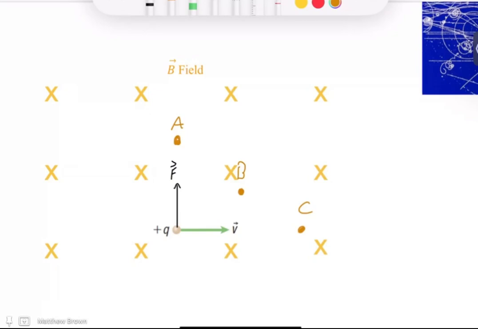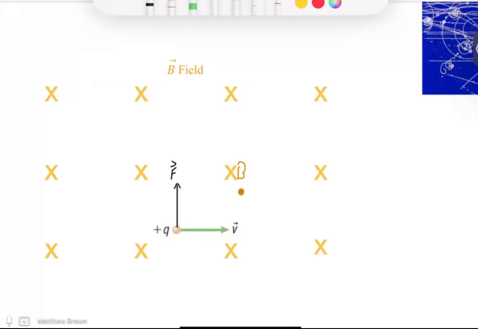Whereabouts would this particle be at some later time? If it currently has this velocity and it has that force on it, would you expect it to be at A, B, or C? Yeah, I would say B-ish, about there, give or take. So let's just go with B. Certainly, it has this horizontal component to the velocity, so it's not going to lose that.